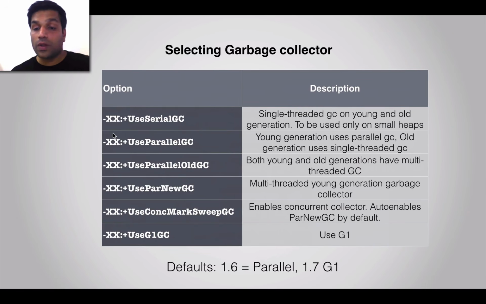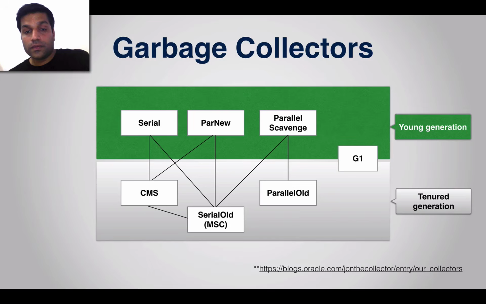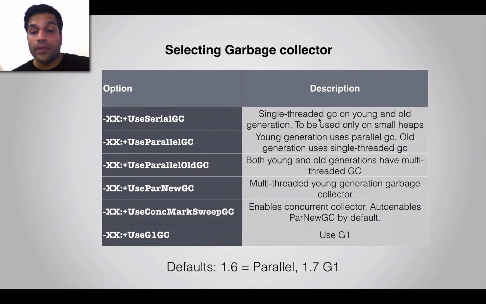Now coming to parallel GC. Suppose you want to use parallel GC, you would use -XX:+UseParallelGC. So this means the young generation uses parallel GC. At the same time, note, the old generation continues to use single-threaded GC.